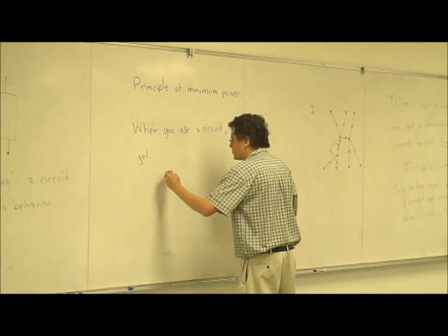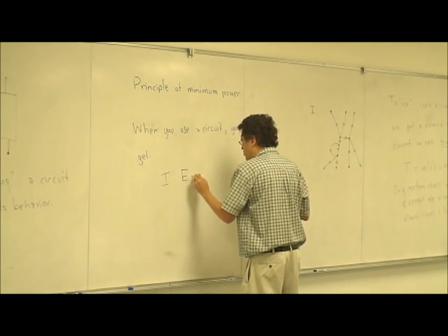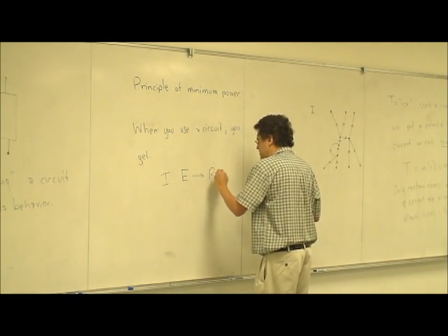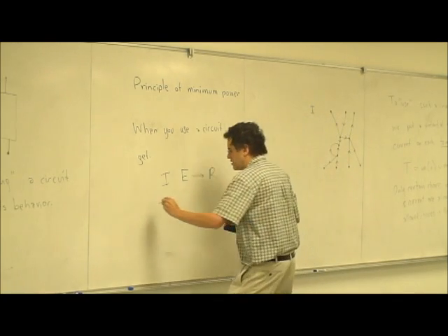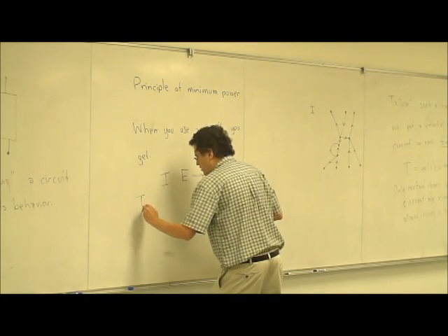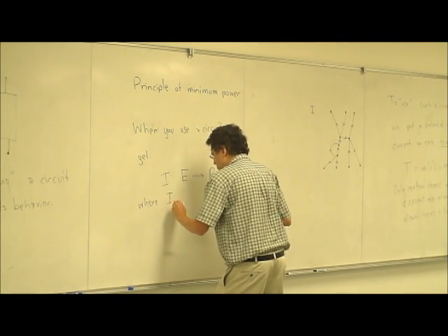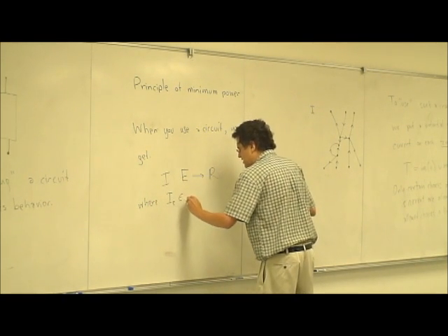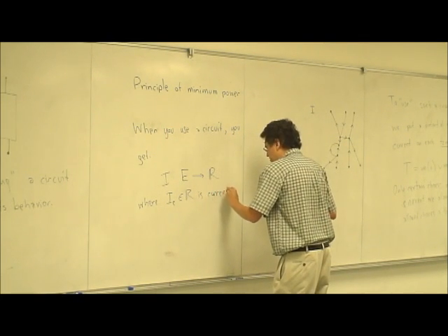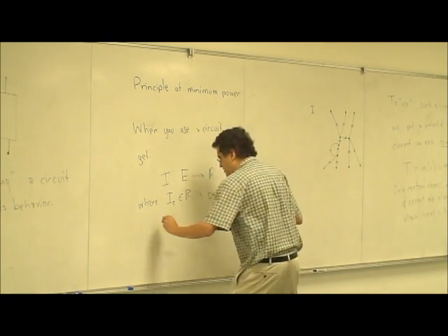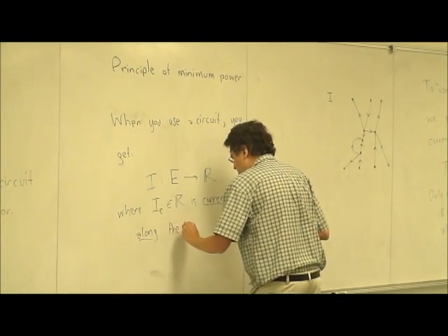Namely, we will get a current for each edge, a current running along each edge of the circuit. So each edge will get a real number. And I think I'll write the arguments of these functions as subscripts. So I sub E is called, this is just a definition, the current along the edge E.